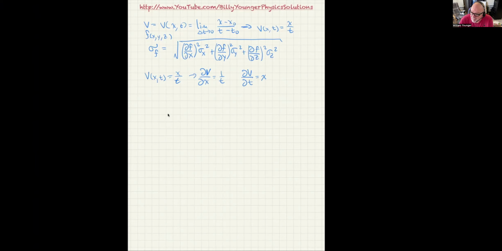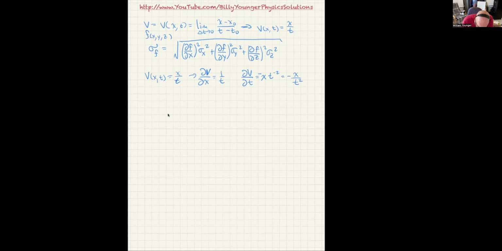Now we take the derivative of 1 over t. 1 over t is t to the negative 1, and the derivative of t to the negative 1 with respect to t is negative 1 times t to the negative 2. So I'm going to write negative x times t to the negative 2, which is negative x over t squared. So that is our derivative with respect to t.